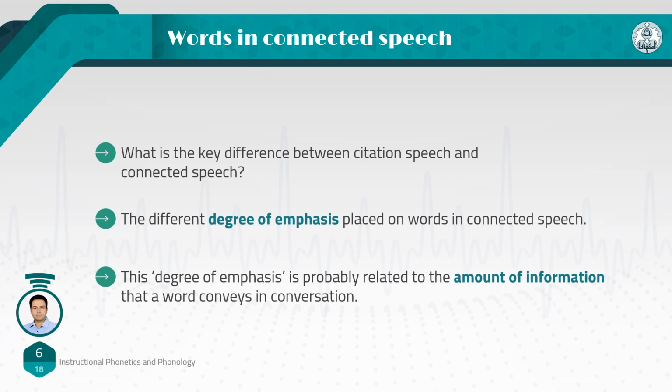So degree of emphasis is related to the amount of information that a word conveys. In the first opposite, maybe the amount of information is more. In the second opposite, the amount of information is less. Maybe this is the reason, the degree of emphasis, that makes the difference between citation speech and connected speech.